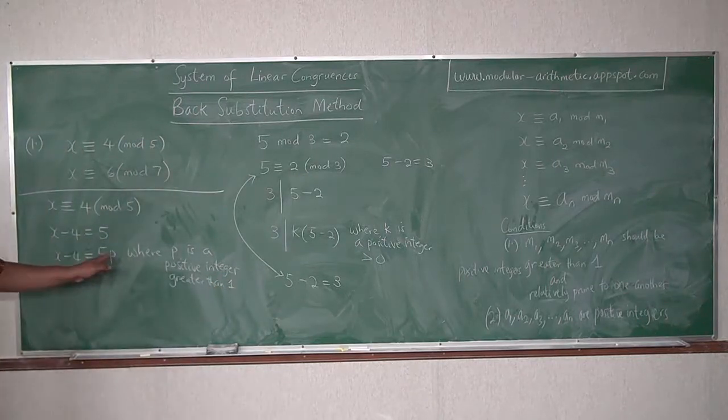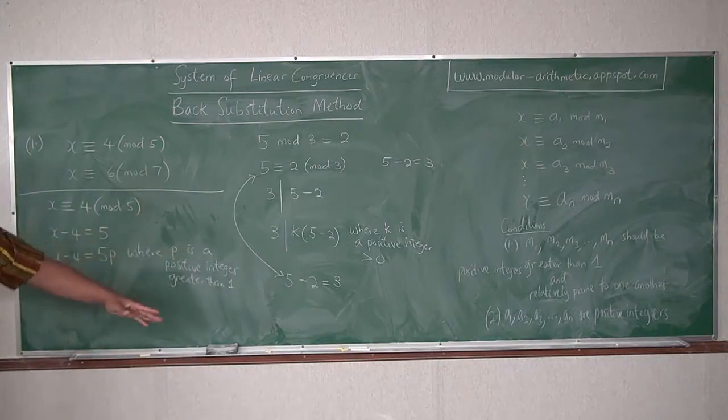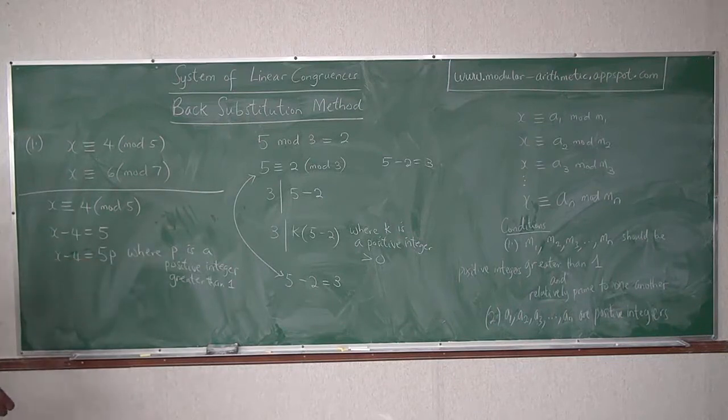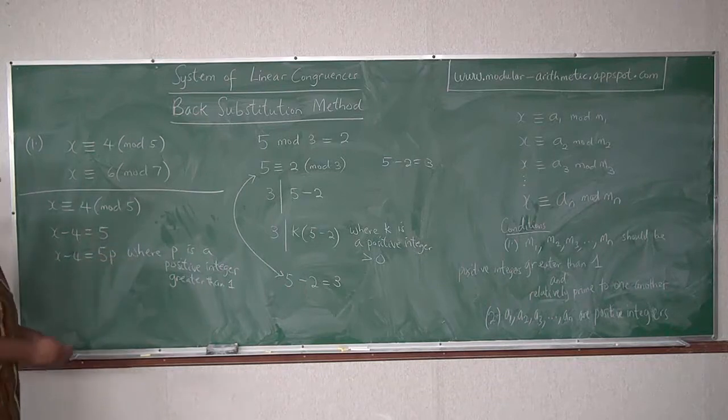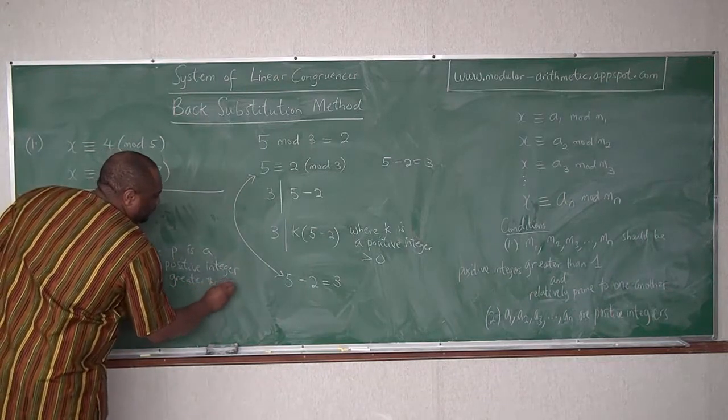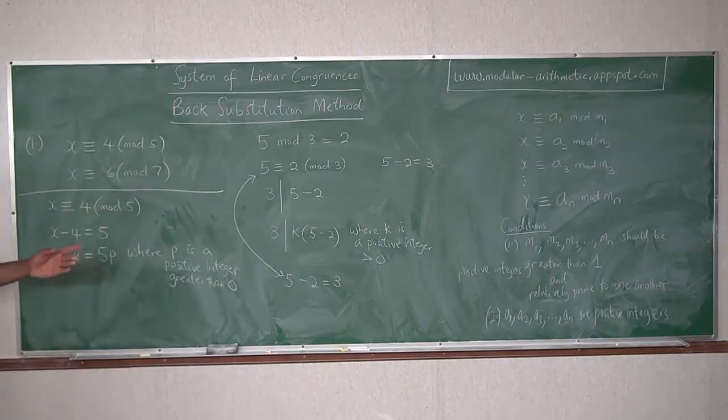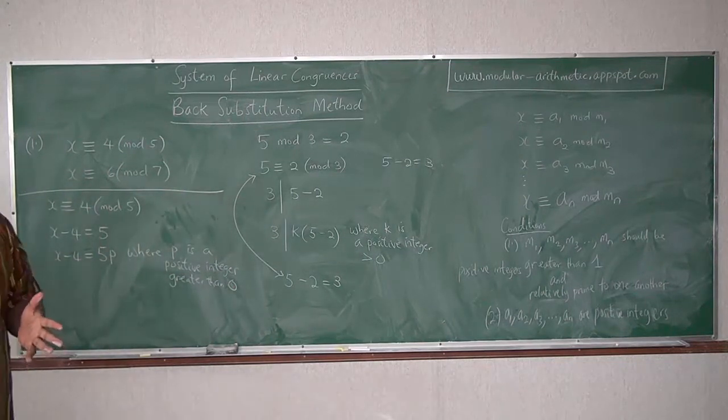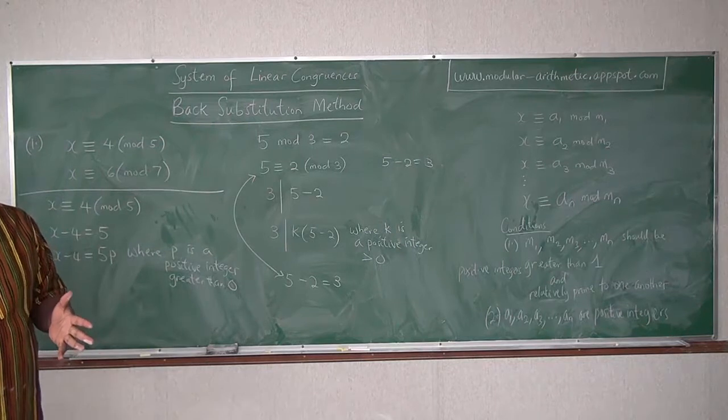I mean, we can say greater than 0, like I put here, that's fine. If it's greater than 0, then when p is 1, it's 5. So let's put greater than 0, that's okay. But p could be any other thing.